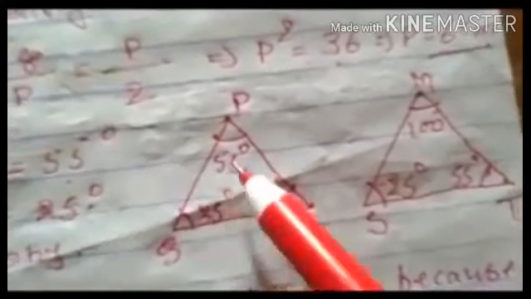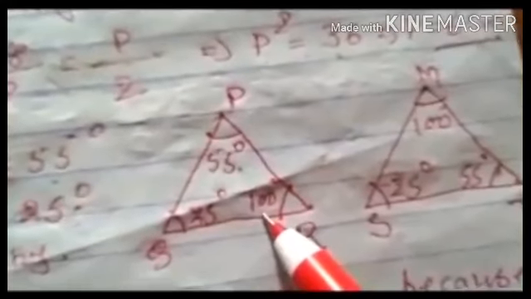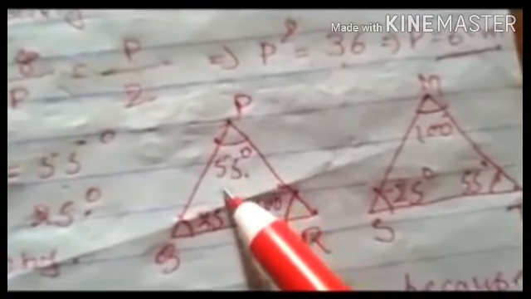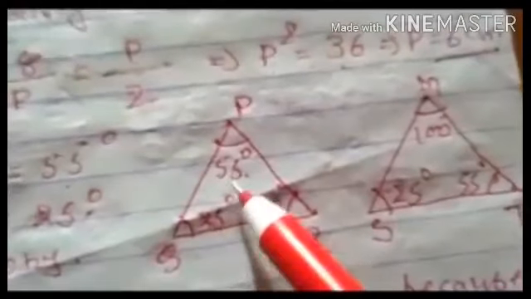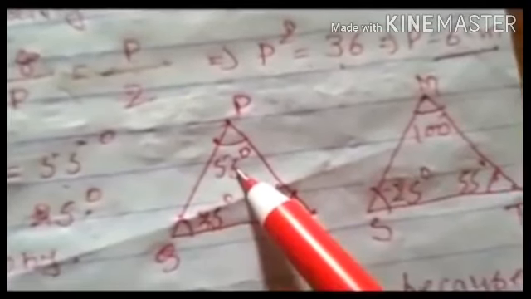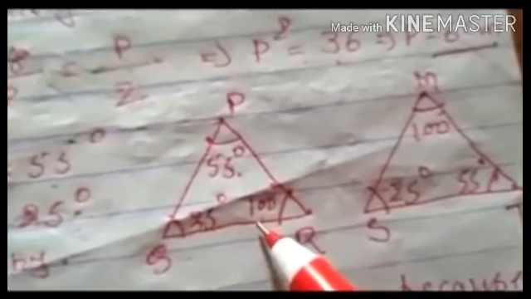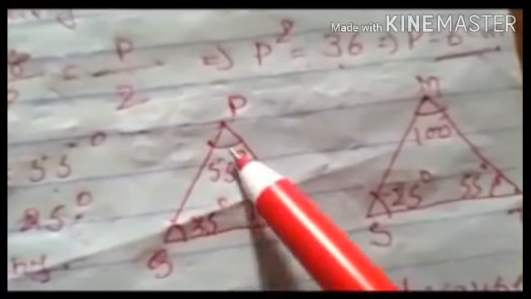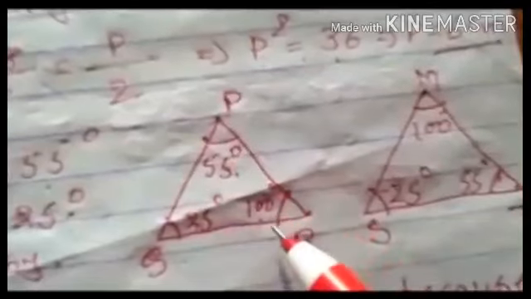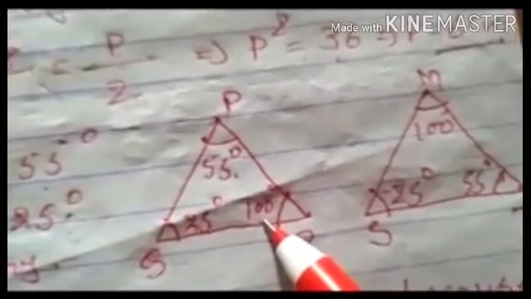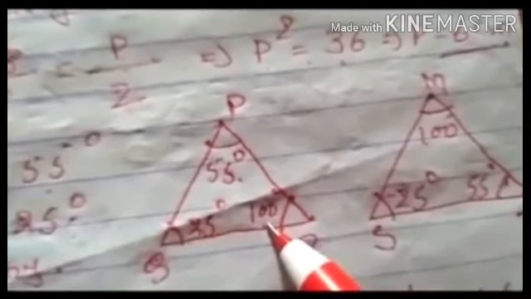When two angles of a triangle are known, then by applying the angle sum property of a triangle, we can find the third angle. When you add 55 and 25, you get 80. As you know, the sum of all three angles of a triangle is always equal to 180 degree. So when you subtract 80 from 180, you get 100 degree, which is the measurement of the third angle.